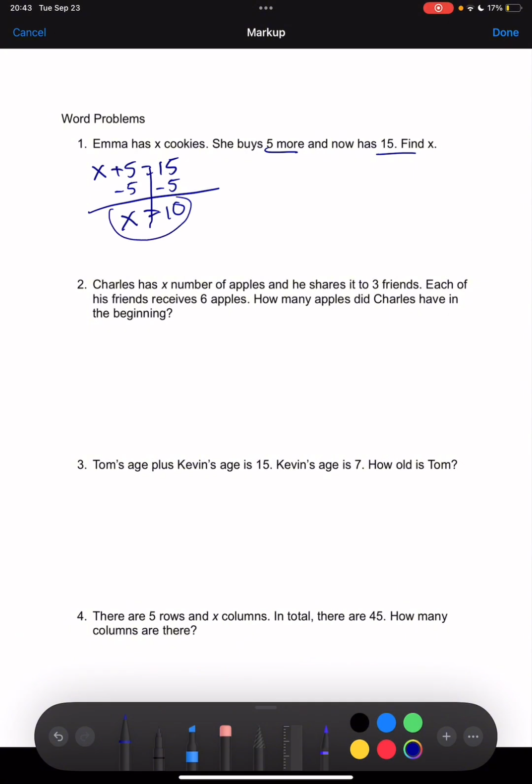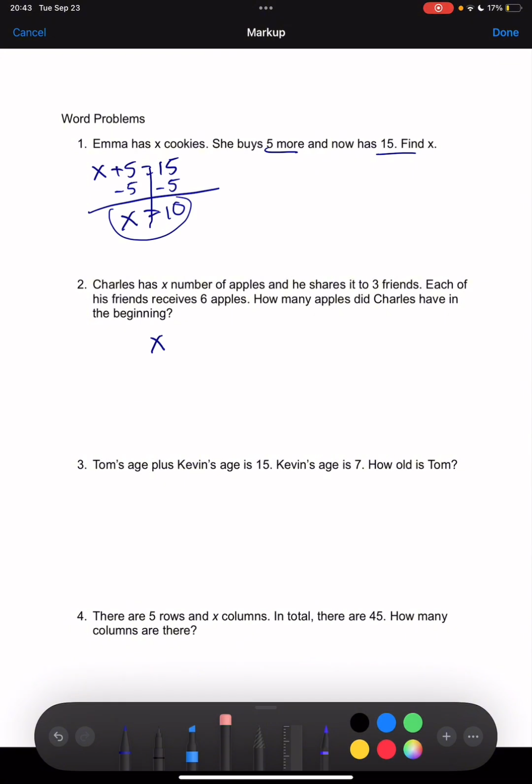Number 2. Charles has X number of apples, and he shares it to 3 friends. Each of his friends receive 6 apples. How many apples did Charles have in the beginning? This one is a handful. Okay, so Charles has X number of apples, and he shares it to 3 friends.